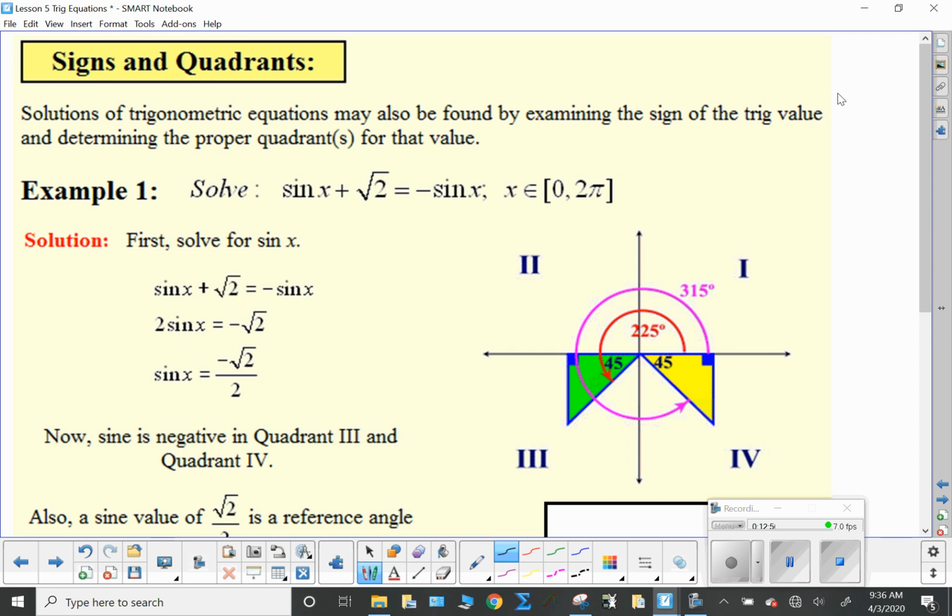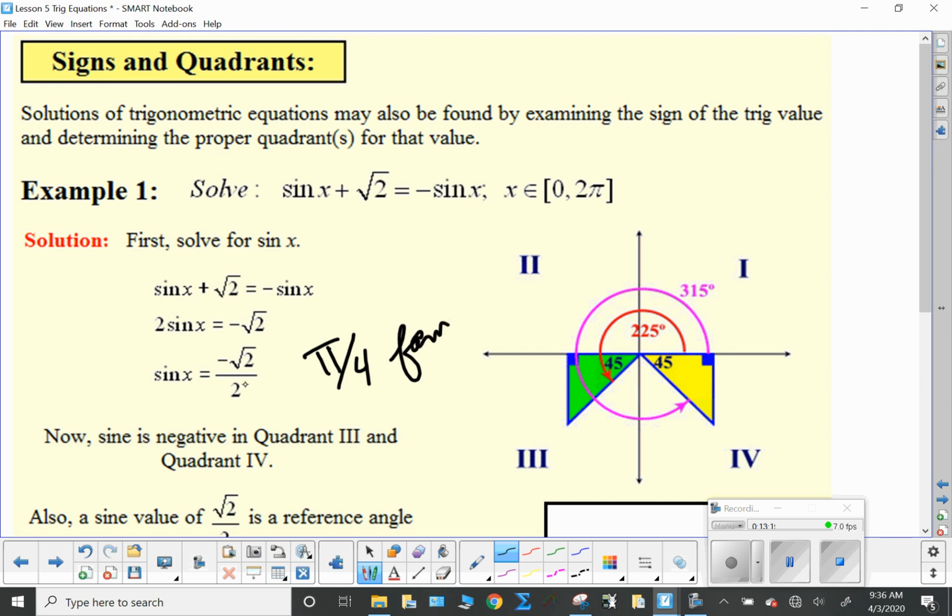So what do I do? I add sine x. Remember, don't divide. I add sine x to both sides, and I subtract the root 2, and I divide by 2. Now, hopefully root 2 over 2 looks familiar, and you know that's going to be your pi over 4 family. So I take a look at it, and I note this is going to be pi over 4 family.